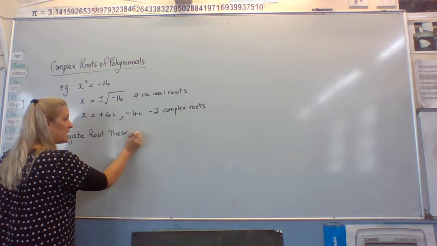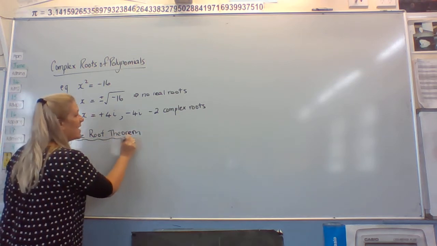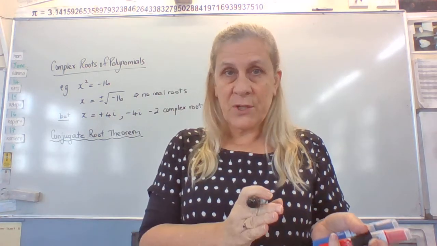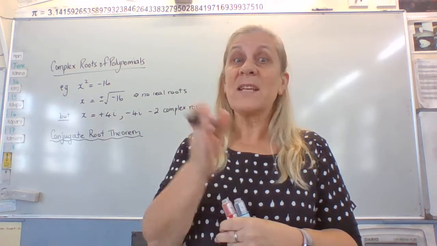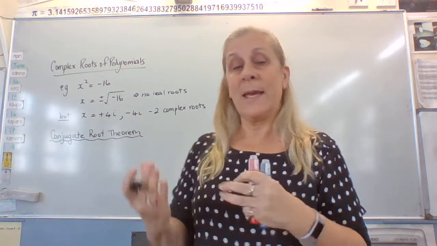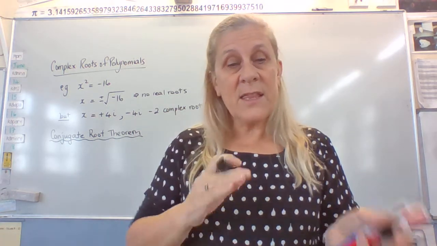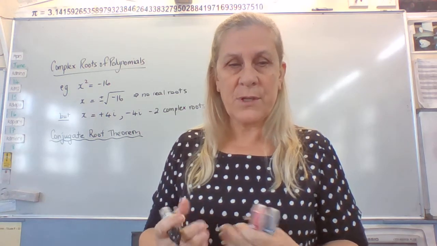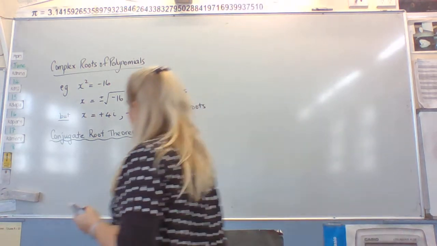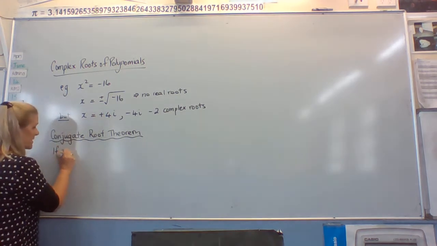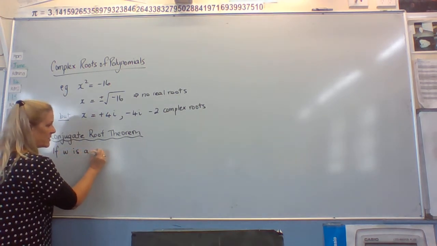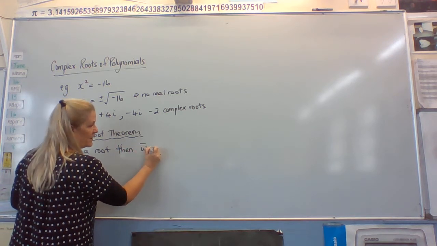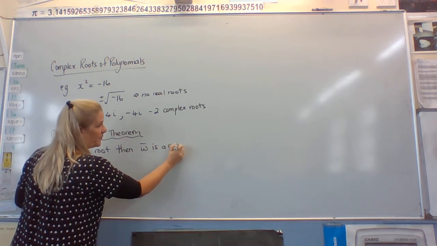And there exists a theorem that says if you have the positive root, the one that goes 3 plus 2i, being a root, then the negative one will also be a root. So in simple terms, if w is a root, remember w is a complex number, then w bar is a root also.